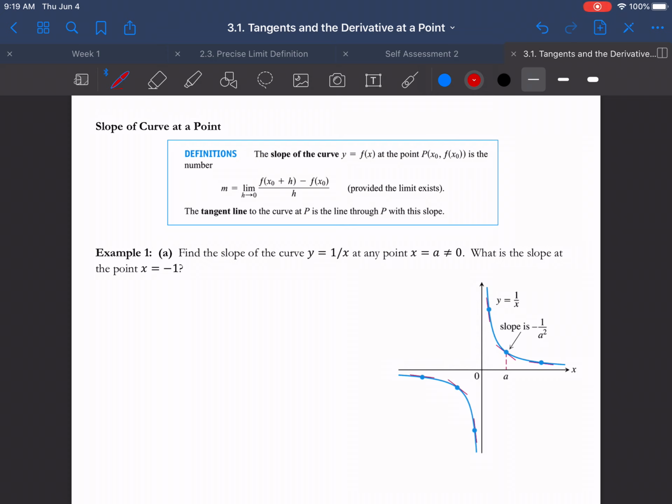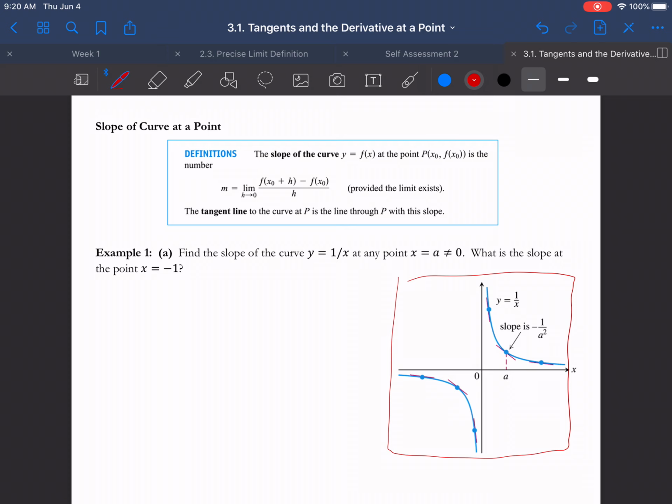So let's take a look at this first question. It says, find the slope of the curve y equals 1 over x at any point x equals a, a does not equal 0. What is the slope at x equals -1? Over here to the right is the actual graph of y equals 1 over x.